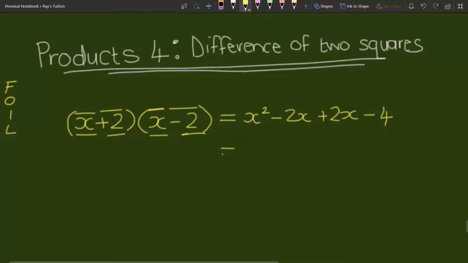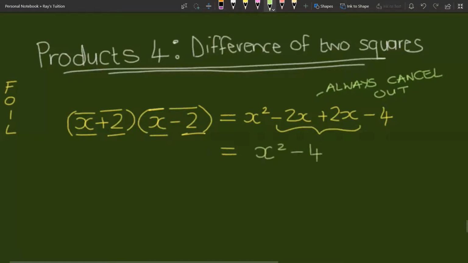Now, what you'll notice is if you had a binomial with this pattern, that the brackets are the same, just with different signs in the second term, that the two middle terms will always cancel out. So these always cancel out. And when they do cancel out, it gives us 0, so the middle terms cancel out. So we just get x squared minus 4. So that is an example of difference of two squares.